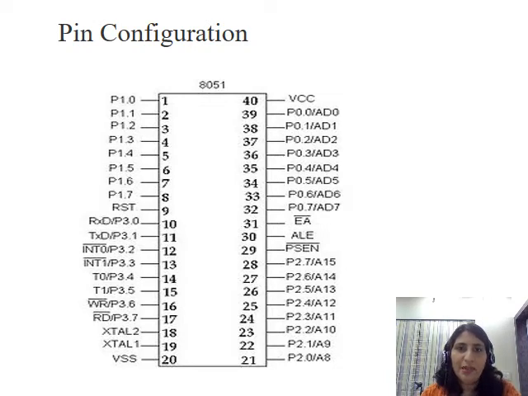You can see that pin number 40 is VCC, whereas pin number 20 is ground. Apart from that, it has other pins also. For example, reset pin, pin number 9, then pin number 31, external access, then pin number 30, address latch enable. So we will see each pin in detail.